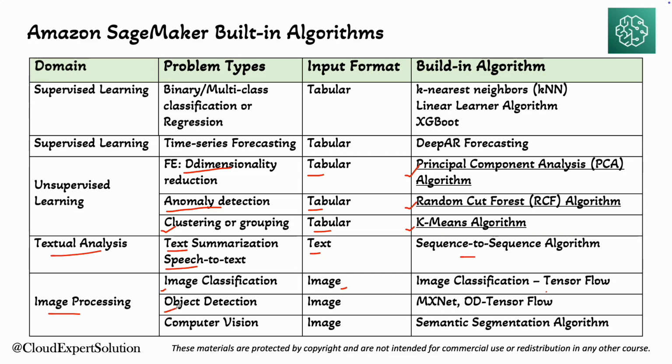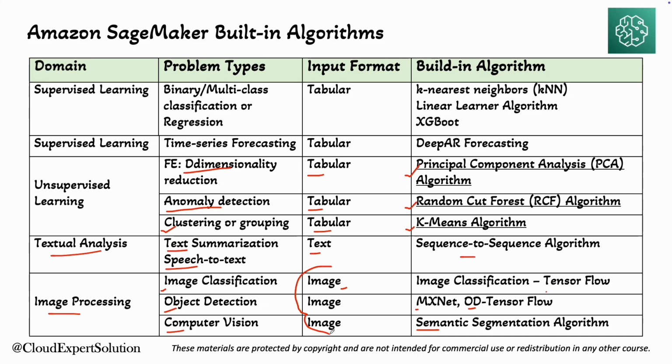If you want to detect objects inside that image, then you can use either MXNet or object detection TensorFlow. If you want to use it for computer vision, then you can use semantic segmentation algorithm, and for all these use cases you can input image to your algorithm.